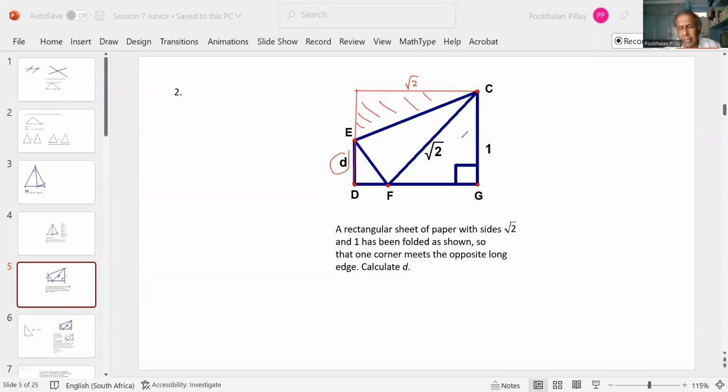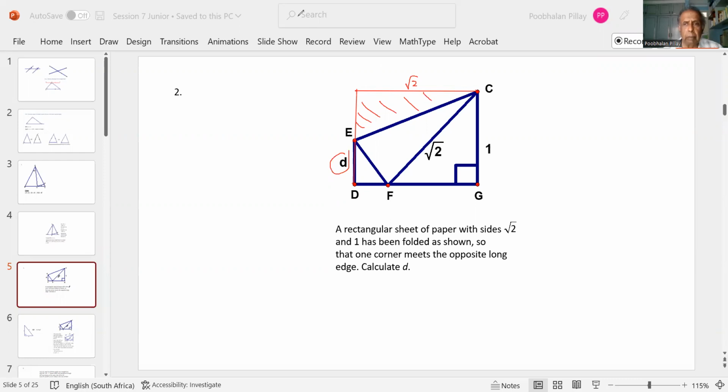So what can we see here now? Let's go slowly with this. Even before we do that, maybe we should say something about the theorem of Pythagoras, which all of you should know.